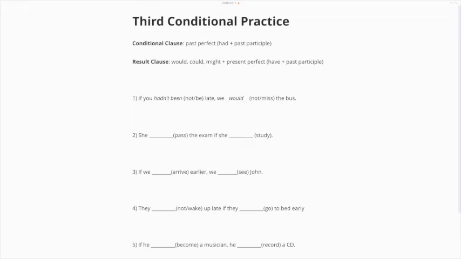We would, and because we're talking about not, we're going to add wouldn't. Not miss. Now we're going to use the present perfect with the word miss. Okay, now let's do that result clause. Here we're going to start with either would, could, or might. Let's start with would. But because it says not, we're going to use the negative form of would, which is wouldn't.